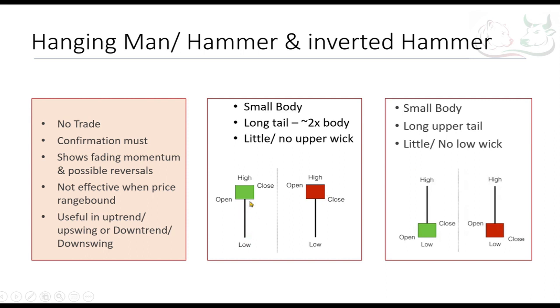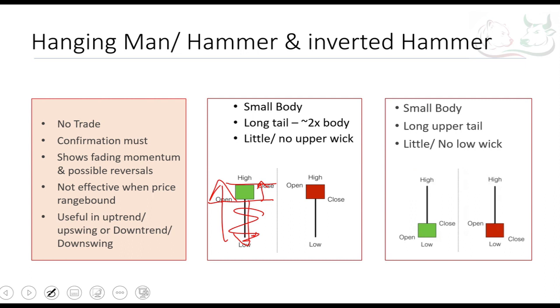Let me draw here so that we can relate. It opened here, came down, and then closed higher than where it opened. So it clearly shows that the buyers were stronger than the sellers. The buyers were in control, so price has gone up.